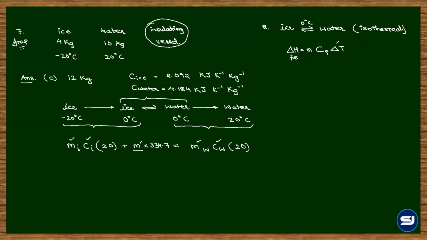Now for this equilibrium processes, अगर temperature constant है, so what is delta T? Zero. So if delta T is 0, what is Cp? Cp will be equal to delta H upon n delta T. Yes or no?